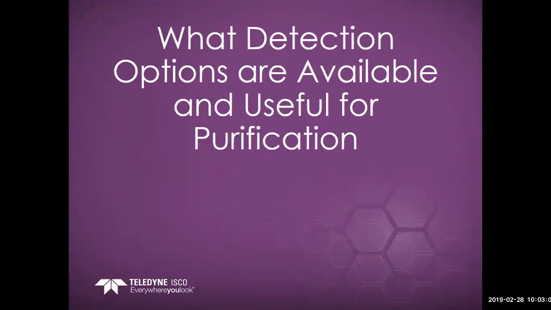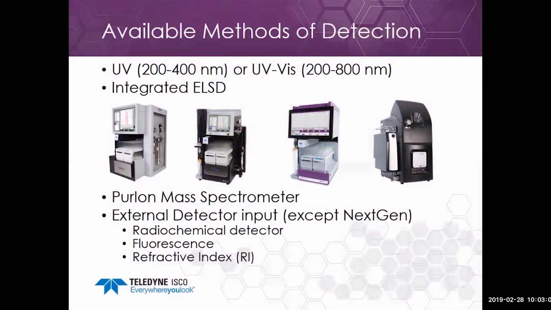So to begin, what detection options are available and useful for purification? Available methods of detection on all of our systems include UV or UV-Vis detectors, the UV from 200 to 400 nanometer wavelength, and the UV-Vis from 200 to 800 nanometer wavelength. So you get the extended range with the UV-Vis. All of our systems offer an integrated ELSD option. Within the system, it also obviously integrates well with the PeakTrak software.